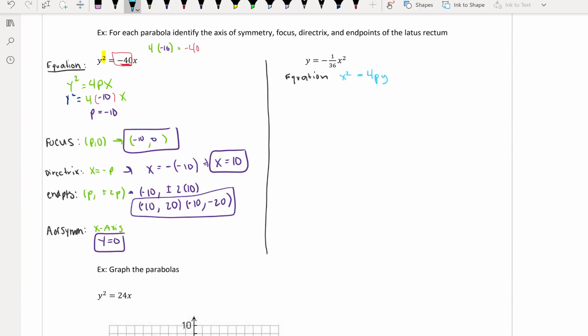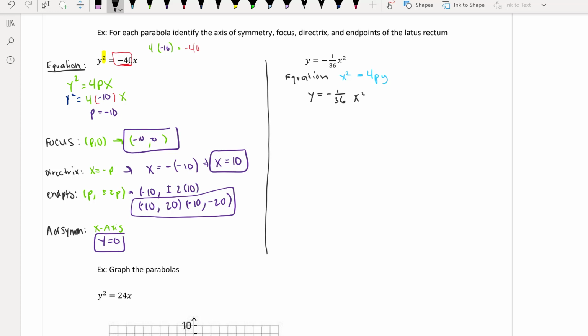Okay, so I have my equation. Let's deal with that one first, because I have my equation as x squared is equal to 4py. The x squared here is not by itself. So I'm going to have to manipulate this just a little bit. So what I have is y is equal to a negative 1 over 36 times an x squared.